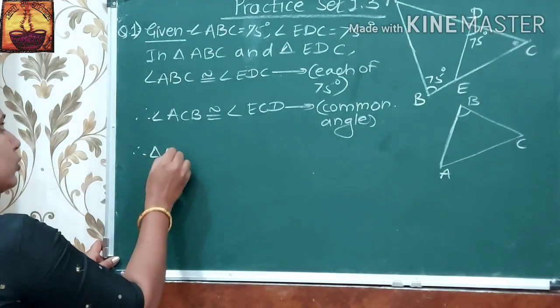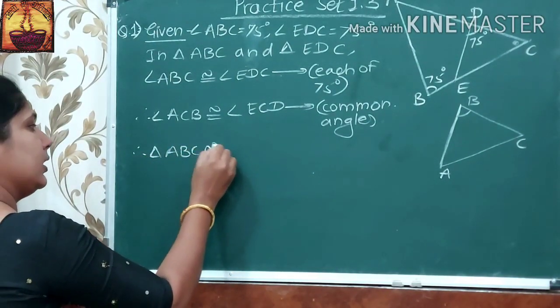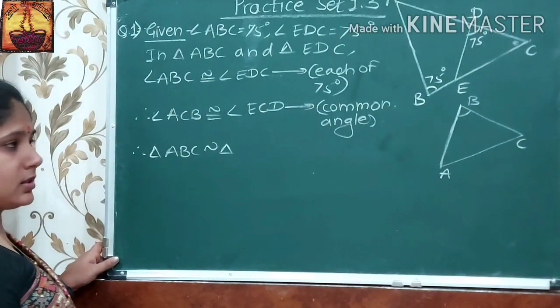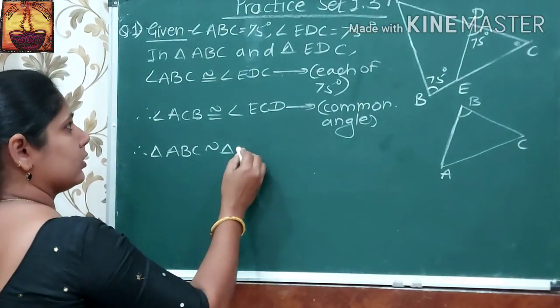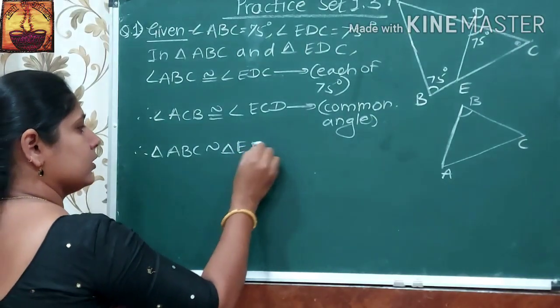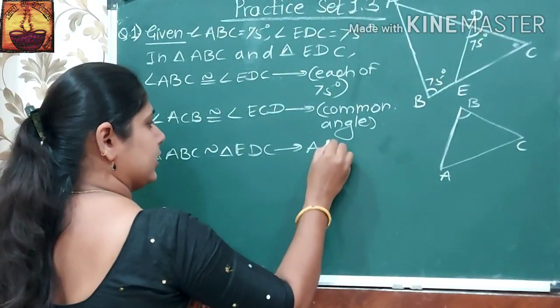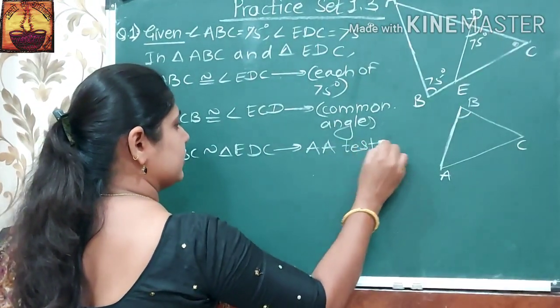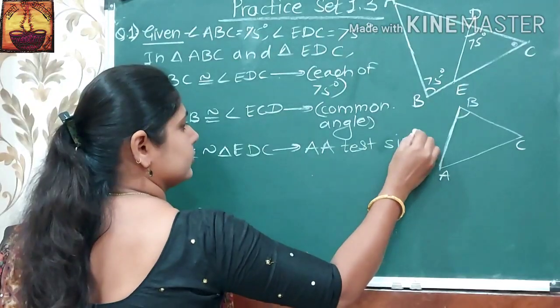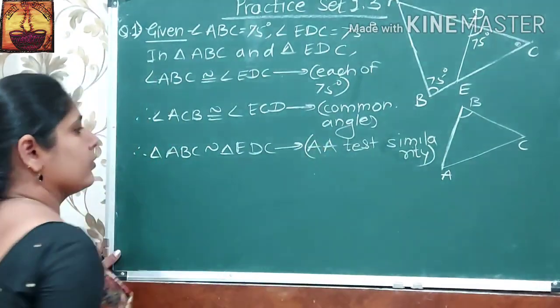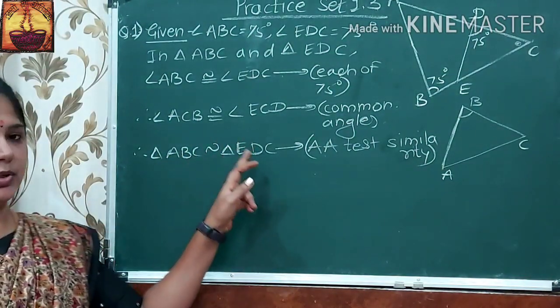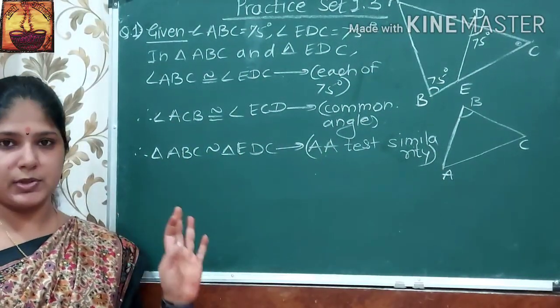Therefore these two triangles are similar, by which test? Here two angles are congruent, therefore the triangles are similar by AA test of similarity. These two triangles are similar by AA test of similarity.